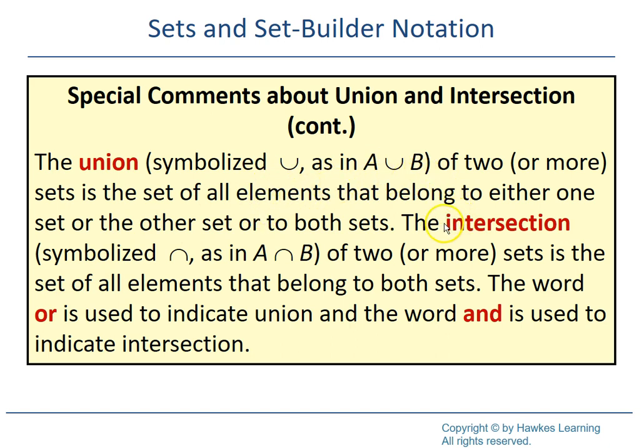Now another key kind of thing that can happen to sets is we have what is called intersection. Now the symbol for intersection is the upside down U in a sense. This is the symbol of intersection, as in set A intersecting with set B. That is, those elements that are found in both A and B. This is what you're thinking of, and we'll give you an example of this shortly.